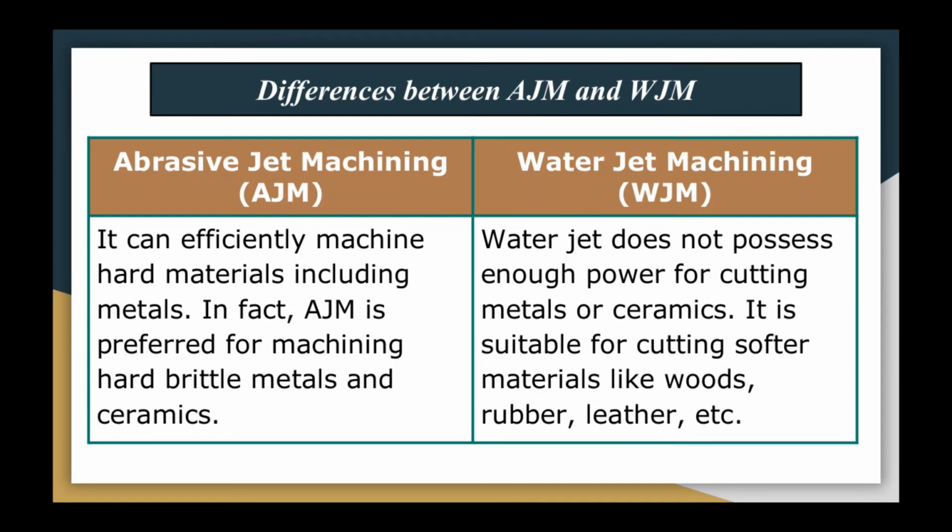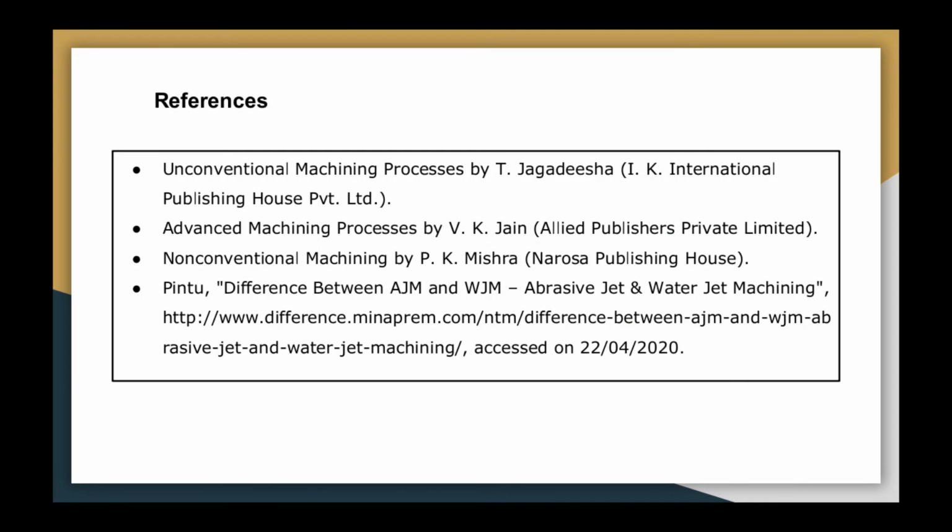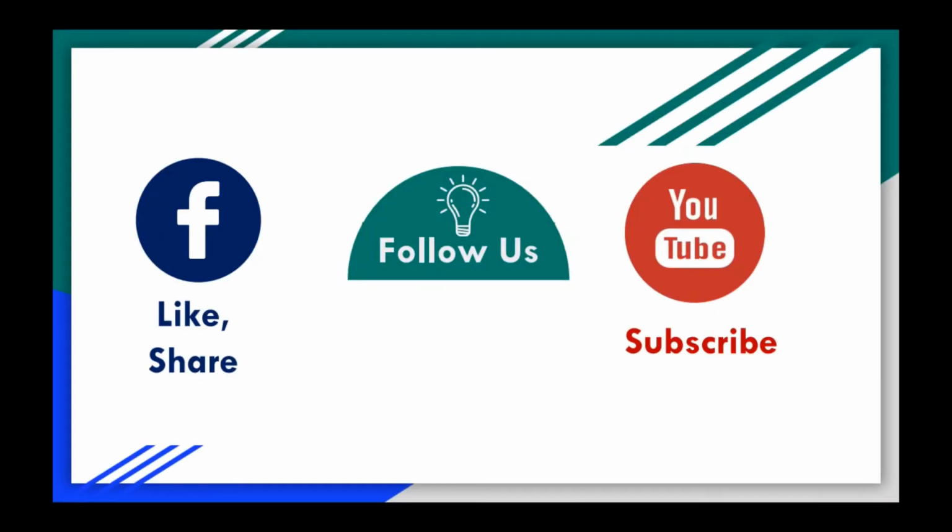So it is suitable for cutting softer materials like wood, rubber, leather, etc. So these are some points about the differences between abrasive jet machining and water jet machining, and here I have given the combined points. All this information I have taken from some references which I have mentioned here. So this is about the differences and similarities between AJM and WJM.